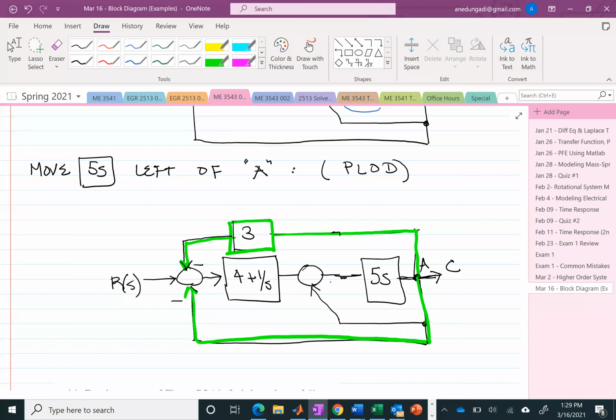Is it a familiar form: cascade, parallel, or feedback? No, not feedback. It's parallel, right? It's parallel because you have the same signal going into the two blocks. This is a unity block. So you have 3 plus 1, 4. Is that clear to everyone?